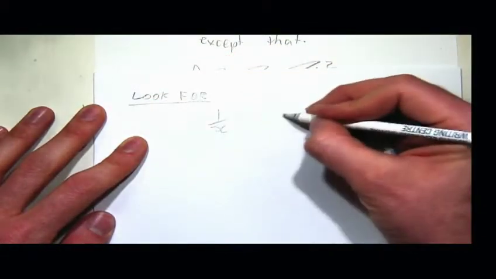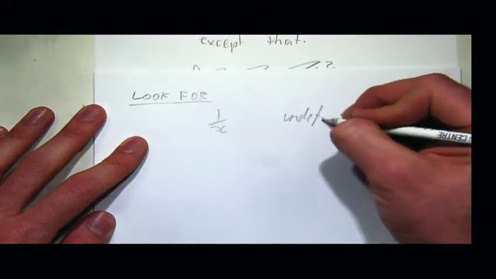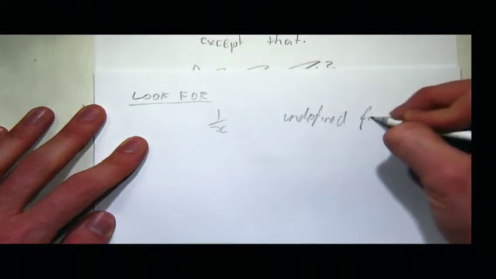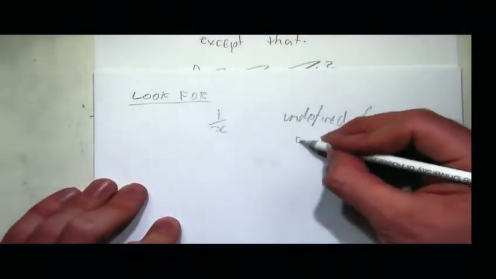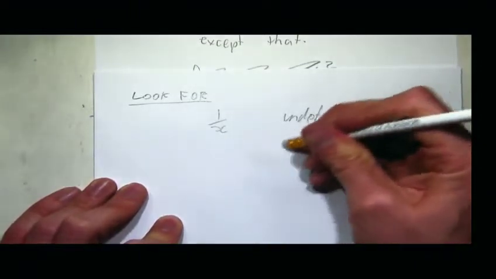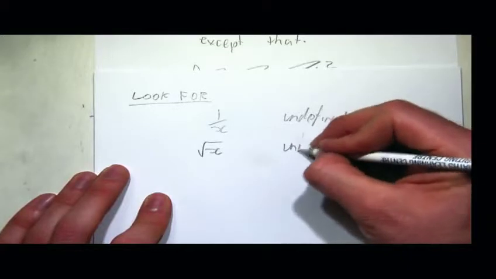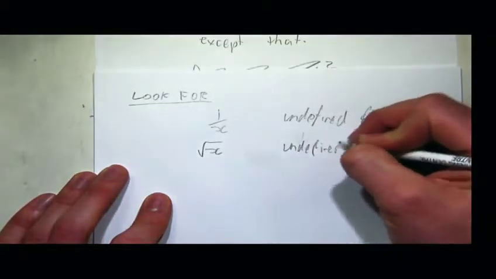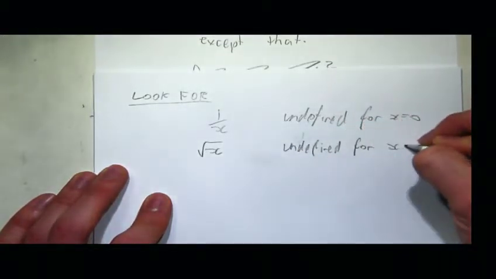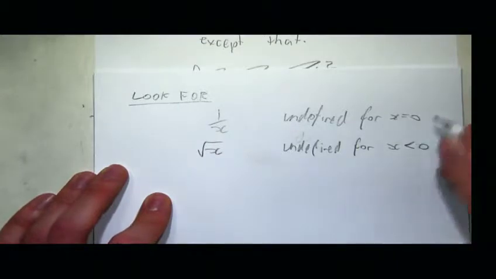The key things to look for: 1 over x is undefined for x equals 0, and so therefore only defined when x isn't 0. Root x is undefined for x negative.